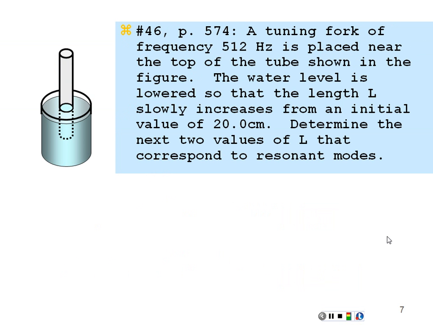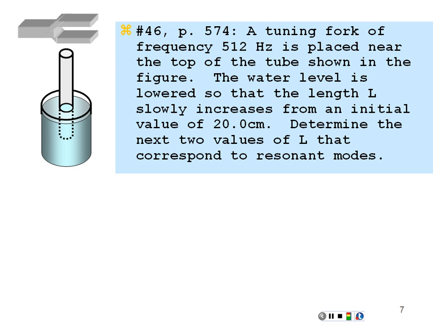Let's try this problem. A tuning fork of frequency 512 Hertz is placed near the top of a tube shown in this figure. The water level is lowered so that the length L slowly increases from an initial value of 20 centimeters. Determine the next two values of L that correspond to resonant modes.